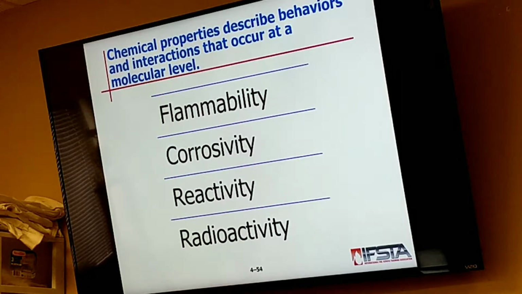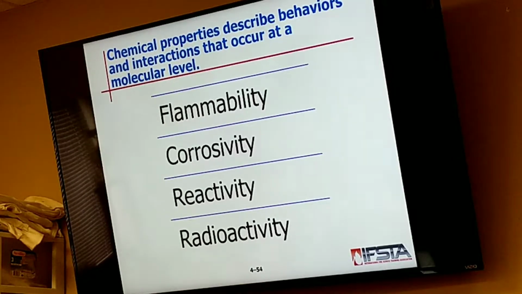Okay, some of the chemical properties. This is going to be a regular chemistry class. Chemical properties describe behaviors and interactions that occur at a molecular level.